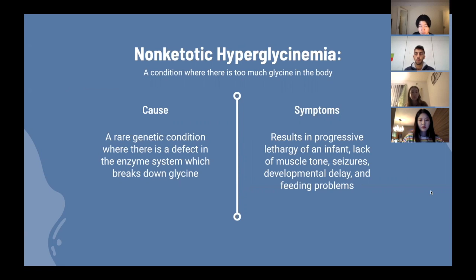So once that enzyme system is defective, you'll end up with an accumulation of glycine in the body. And the symptoms typically present as soon as the child is born or within the first few weeks or months. And the symptoms can show up in forms of lethargy, lack of muscle tone, seizures, developmental delay, and feeding problems.